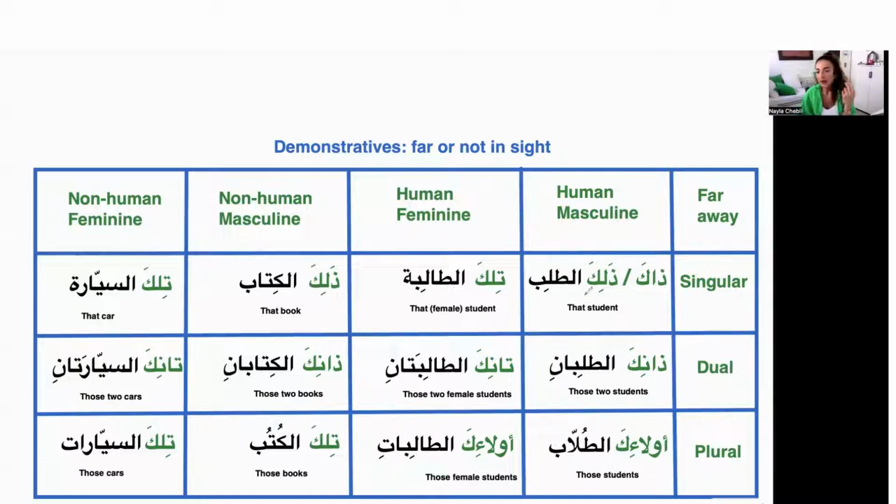Okay, and ذلك would be when you're talking about the student, but he's totally out of sight. Just like in my example, that student who was here last week. ذلك الطالب. If the student is female, I would use تلك. تلك الطالبة.